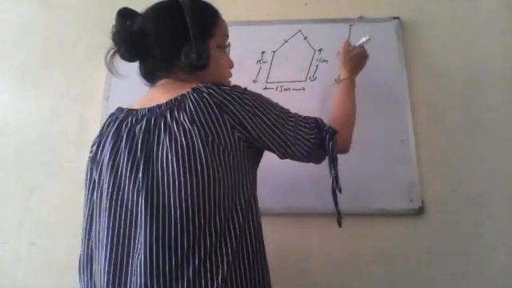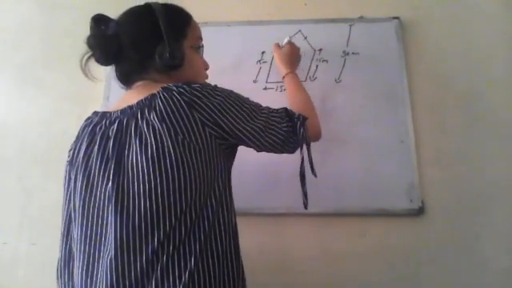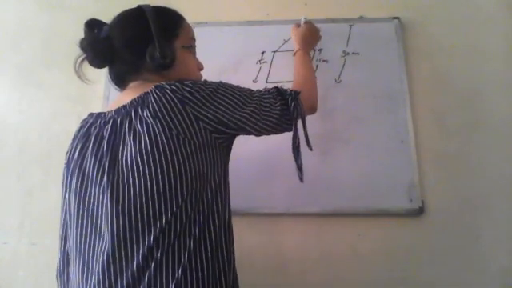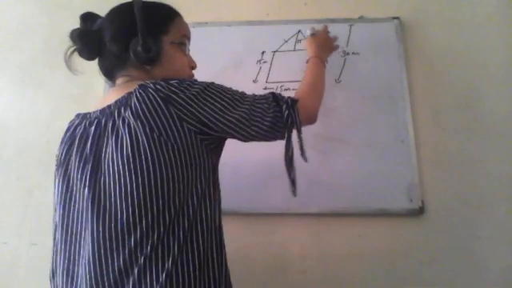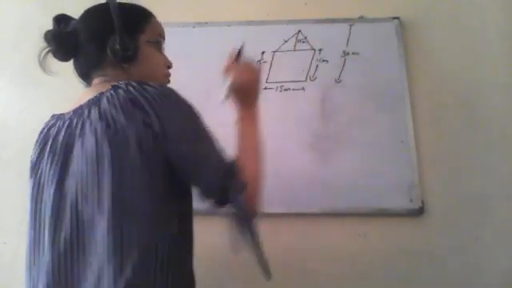If this total is 30 meter and this is 15, then if we draw a line, this particular distance will be 15, because the total is 30 and this much is 15. So this will again be 15 meter.